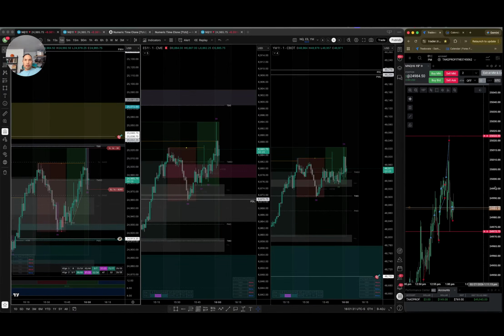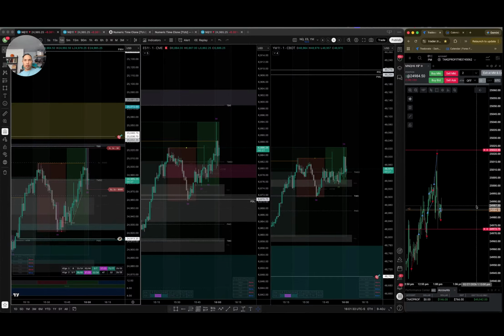All right, this is a sketch. I'm just going to risk the points. Still think the draw's a little bit higher. TMSO, unless we get a body close above TMSO, then I'll. Yep.